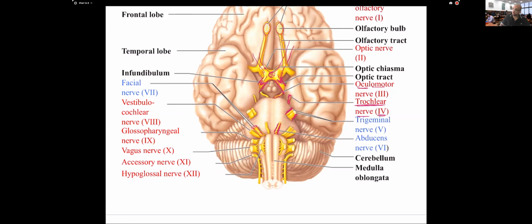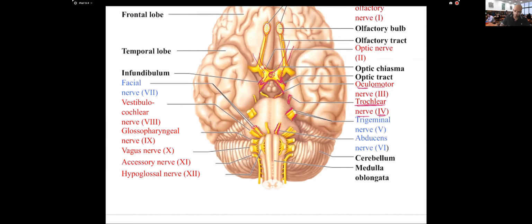Cranial nerve number 5 is going to be sending out impulses to the tongue. Number 9, yes, did I get confused? The glossopharyngeal nerve is cranial nerve number 9. This is going to be sending out the impulses to the tongue and pharynx. That's why we call it the glossopharyngeal nerve.